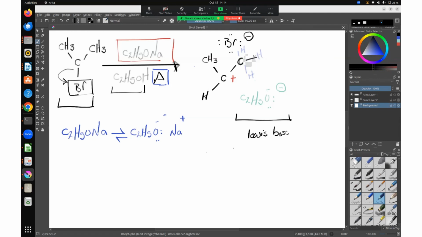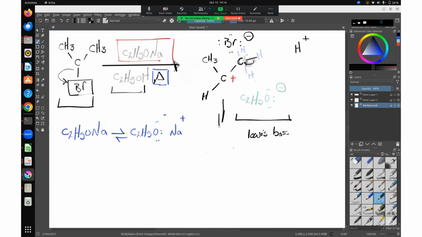Then in the fight between the hydrogen and carbon over adopting the electrons of the bond, carbon is going to win because it has a high electronegativity, and hydrogen is going to just go outside as a hydrogen ion, which is simply a proton in the solvent.